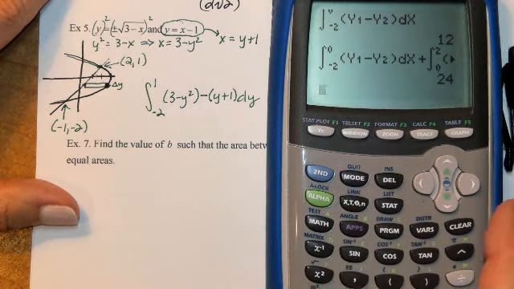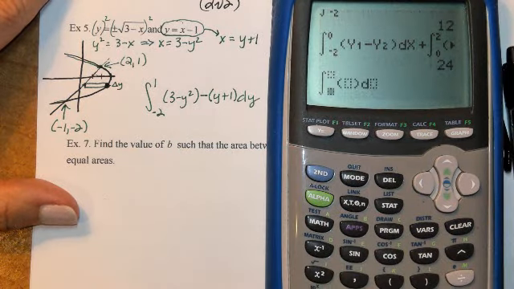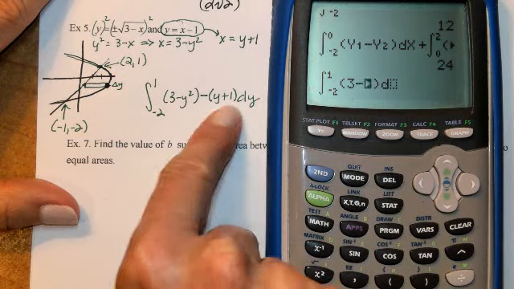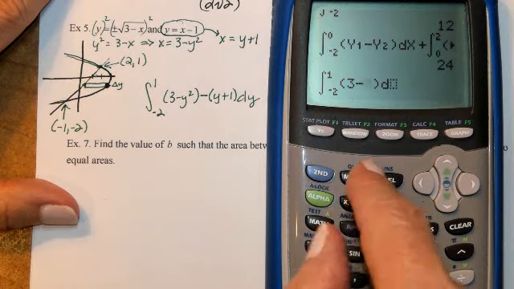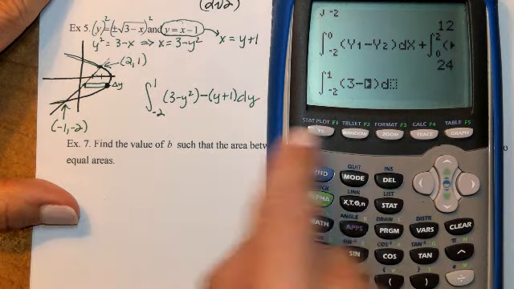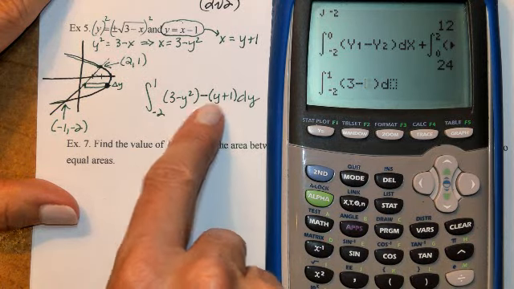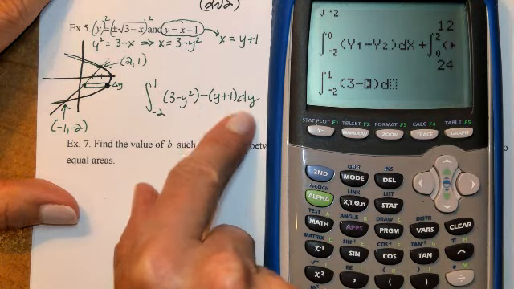So let's see, math 9, -2 to 1, 3 minus, now our calculator, you guys, we could put y's into our calculator, but our calculator doesn't care, does it? We could put x's, we could put t's, we could put z's, it can put anything we want in there.